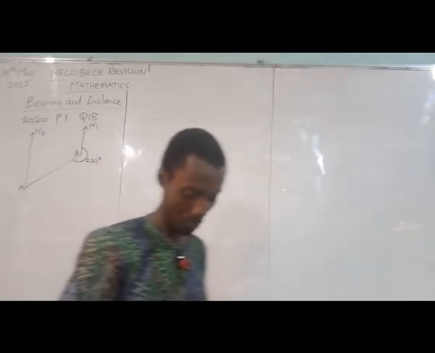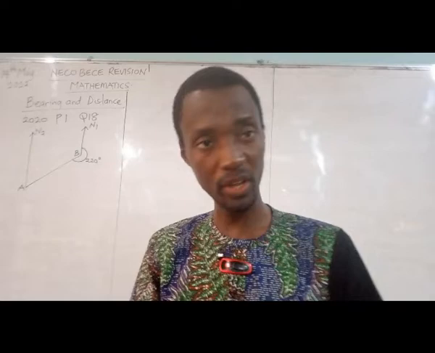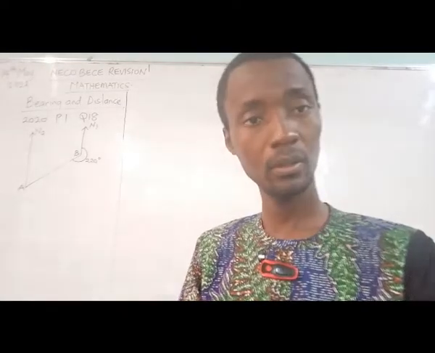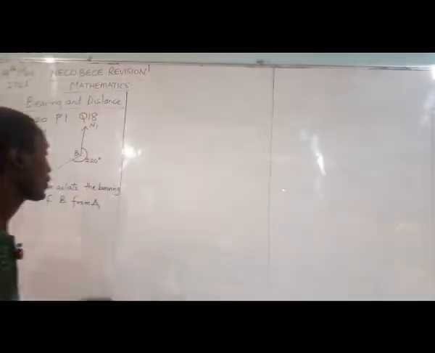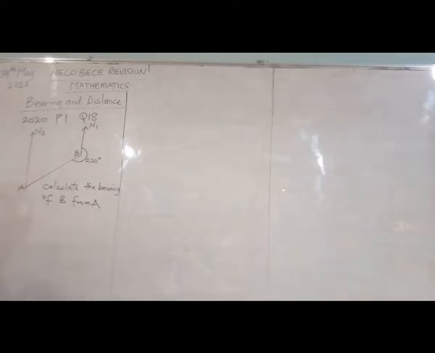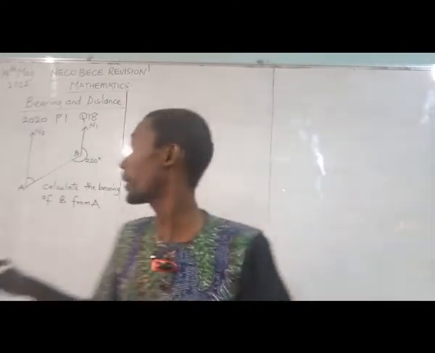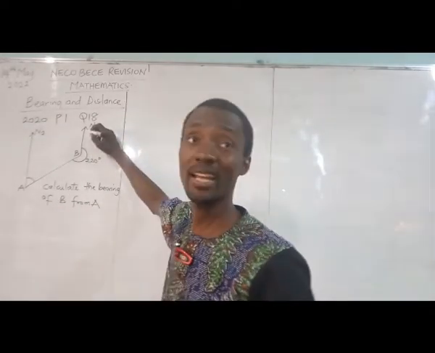Now, I think the question says you should find, because the one who did this compilation for us didn't specify what the question was supposed to be. Okay, the question requires us to calculate the bearing of B from A. B from A, which means this is the reference, this is the angle they want us to calculate. This one is very simple. In handling this, you need to remember your concept of alternate angles.